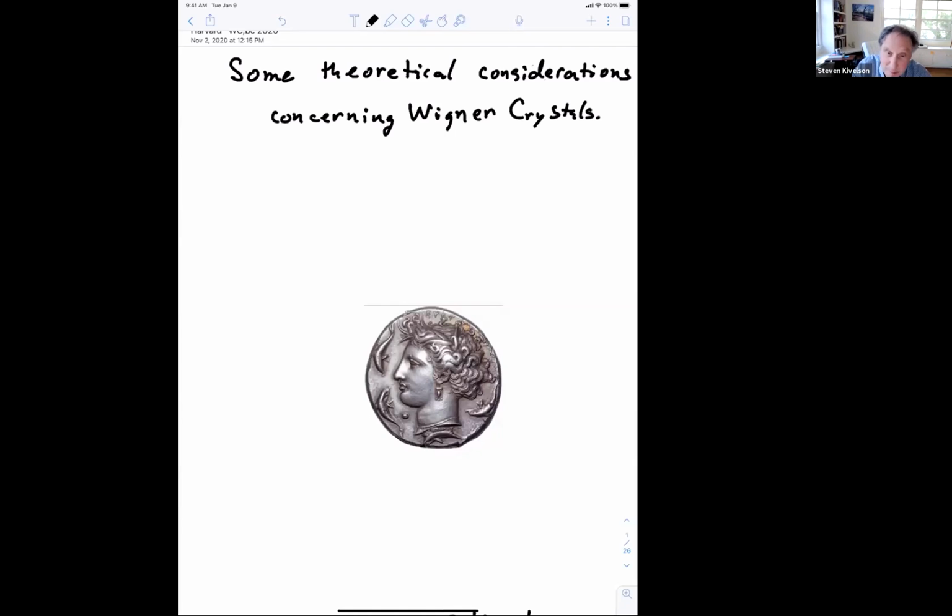I've instead given you a picture from a Syracusean coin of the nymph Arethusa to hopefully convince you that what I'm going to tell you is classic, and also to remind myself that elections are not quantum systems, and checking the latest poll numbers doesn't affect the outcome of the election.